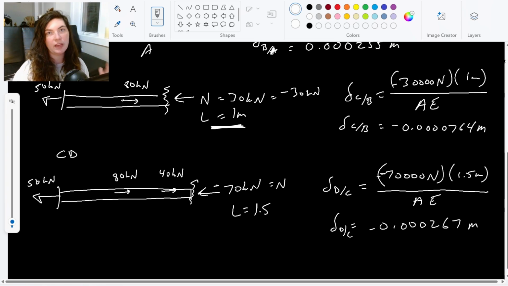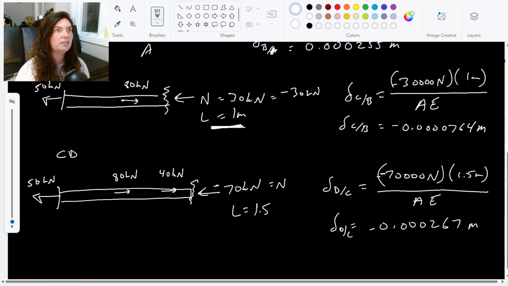So now that we've calculated it for every section, all we're going to do is add the sections together. Once we add all those displacements together, just do that summation. That gives us the total displacement. It tells us how D is moving. Since A is fixed to the wall there, D is the point that has to move.